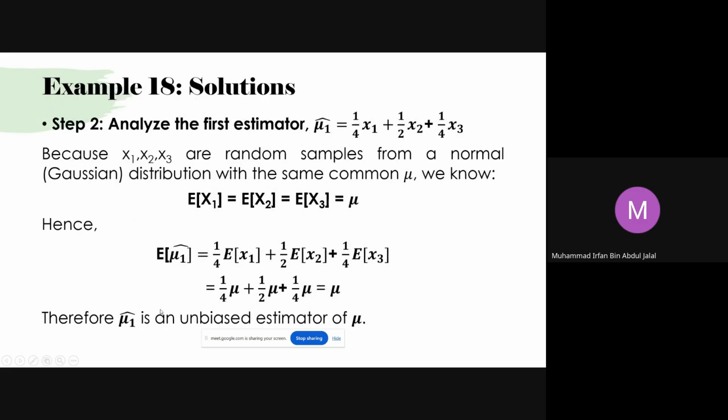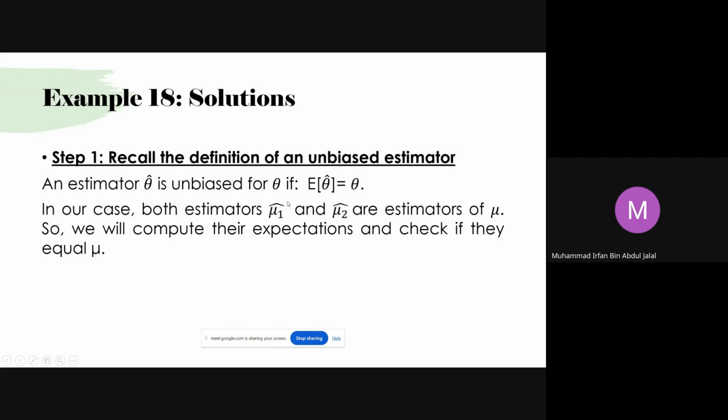So as you can see, the expectation of this is also mu, so mu actually equals mu. So that's the reason why the first estimator can be considered as an unbiased estimator of mu, because it fulfills this property. Okay, understand? Boleh yang ni?